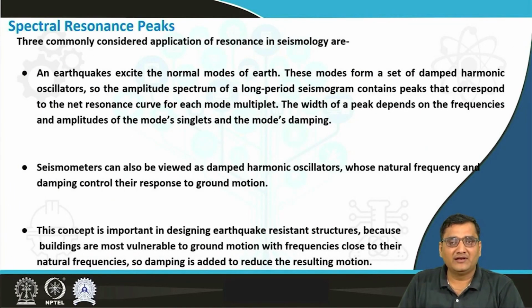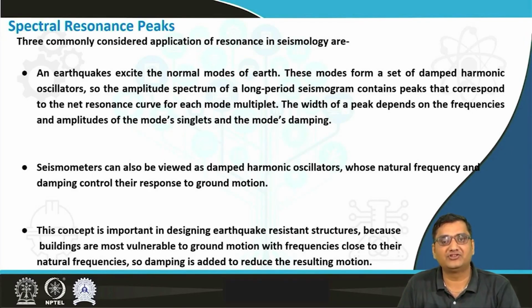There will be three commonly considered applications of resonance in seismology. First, earthquakes excite the normal modes of the earth, and these modes form a set of damped harmonic oscillators. So the amplitude spectrum of a long-period seismogram contains peaks that correspond to the resonance curve for each mode.